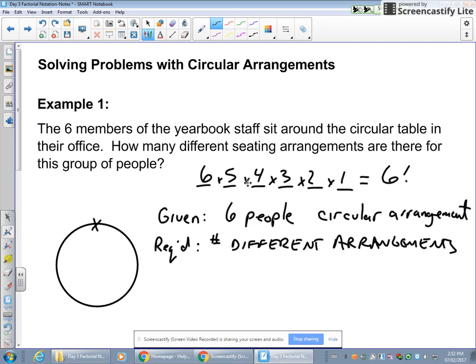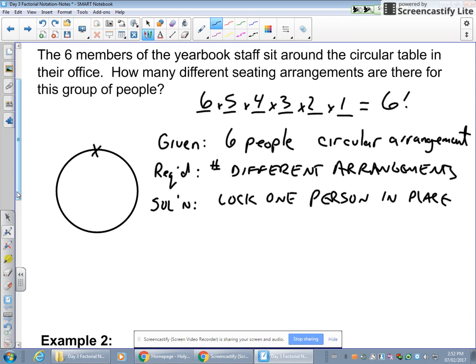And so our solution is to lock one person in place. And the idea behind that is that we're now in this possibility of kind of rotating around the table.